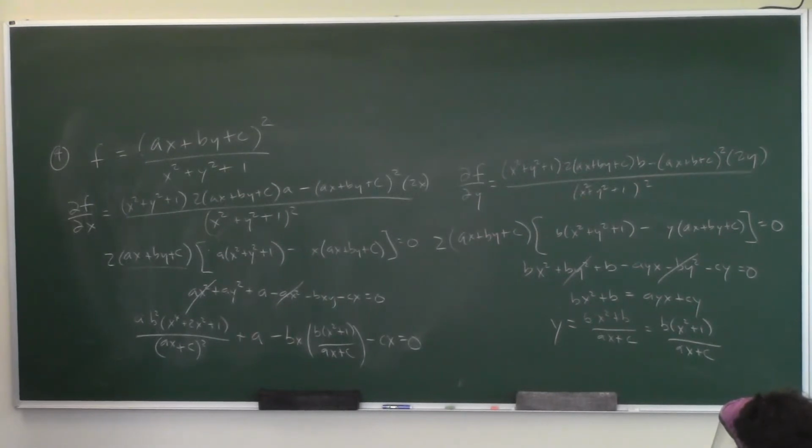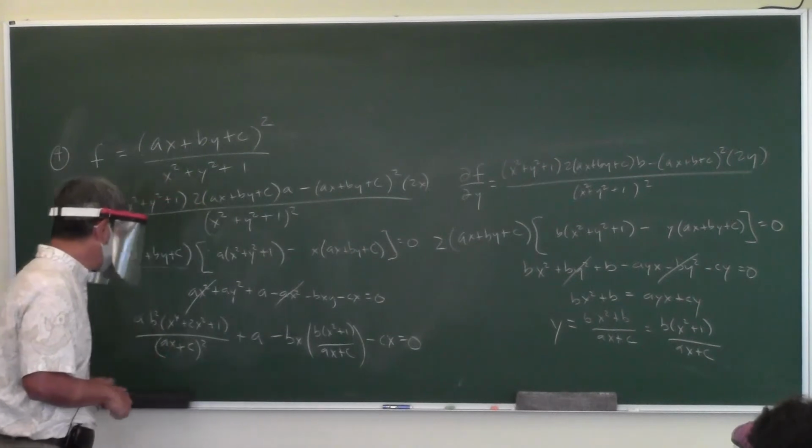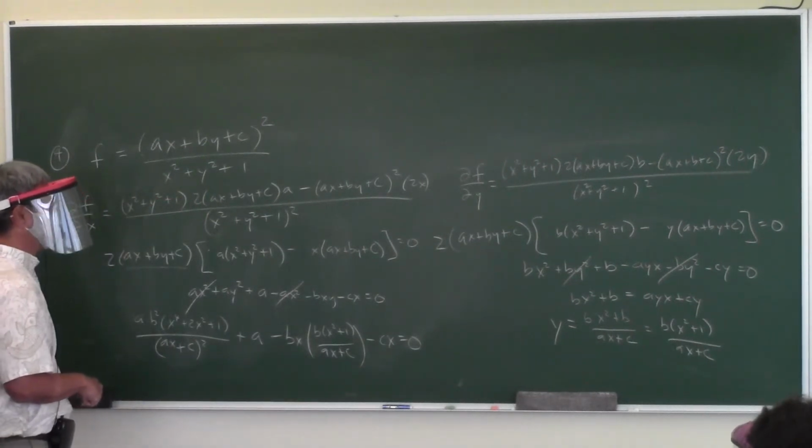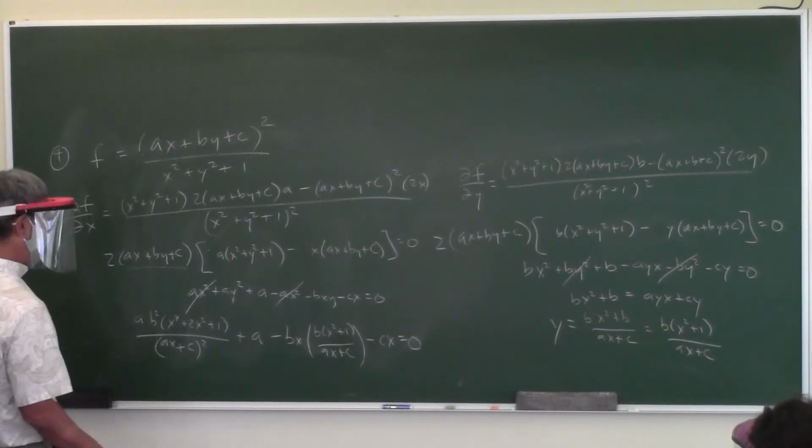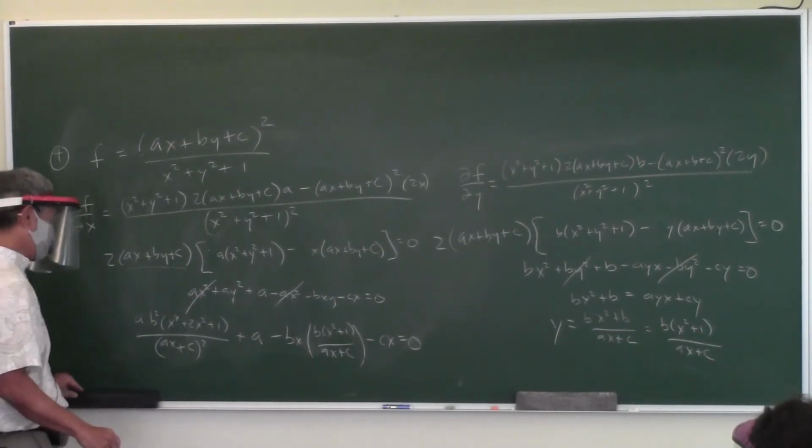What do you mean factor now? Multiply both sides by the least common denominator? So multiply both sides by ax plus c quantity squared. How would we do that? Of course we can. This is algebra. Okay, multiplying both sides by ax plus c quantity squared.